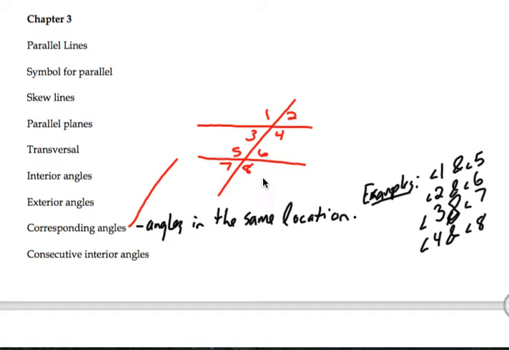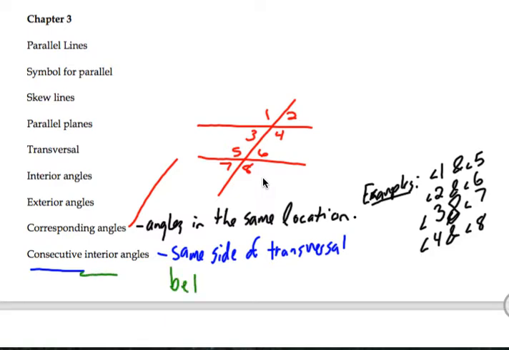Consecutive interior would be same side of transversal. That's what the consecutive part is for. And then we still have interior. So interior then says between parallel lines.